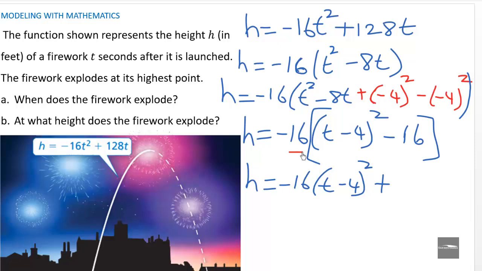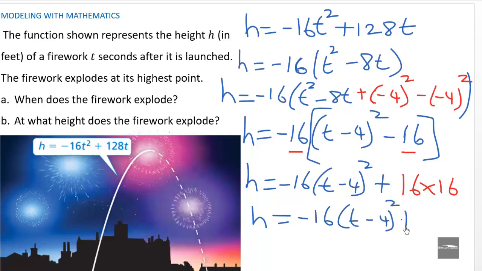So negative 16 times negative 16 will give us positive 256. So that is 16 times 16. So this will simplify to negative 16 into t minus 4 all squared plus 256.